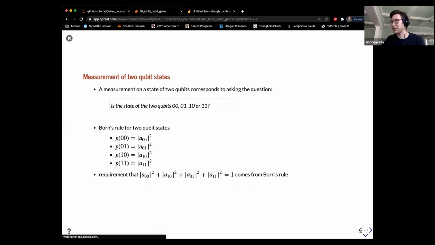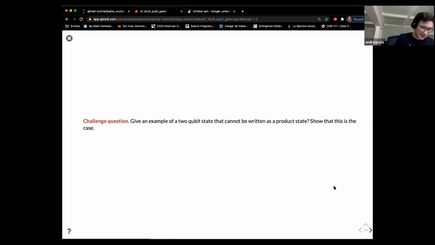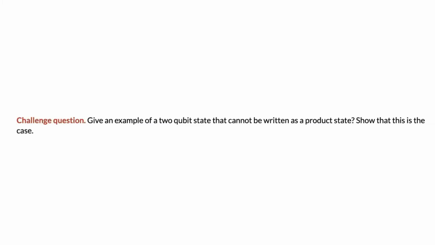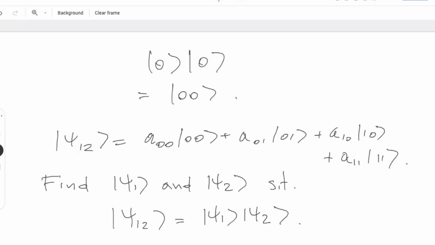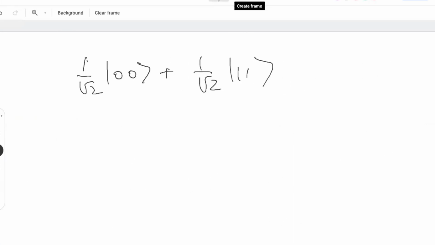So actually, before we move to measurements of 2-qubit states, let me give you an example of a state that is entangled. And actually, I want to answer Fauzan's question because it's a good question. So here's an example of a state that is entangled.